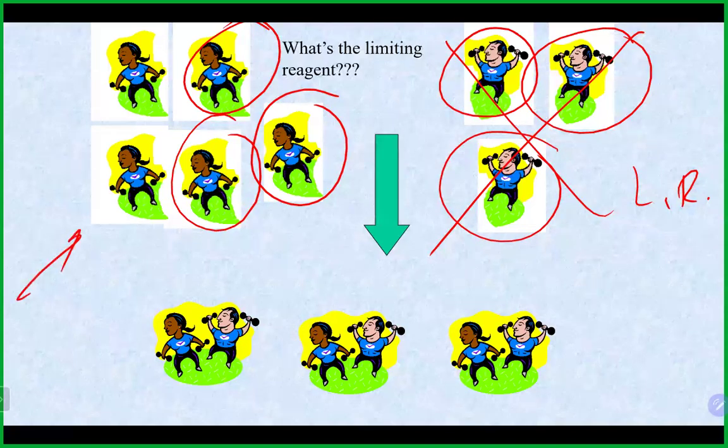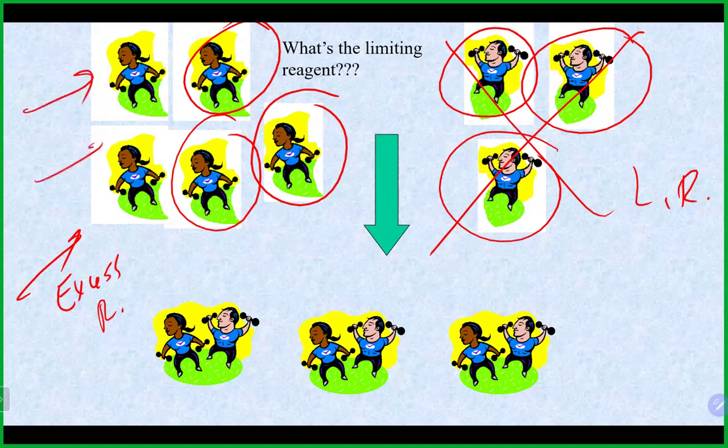On this side here on the left, these guys would be our excess reagent. And another very common question sometimes asked in these type of problems is how much of that excess reagent is still left over. So for example, in this picture, we could easily just count. We have 2 basically of our excess reagent left over.